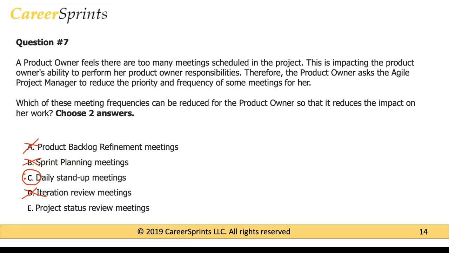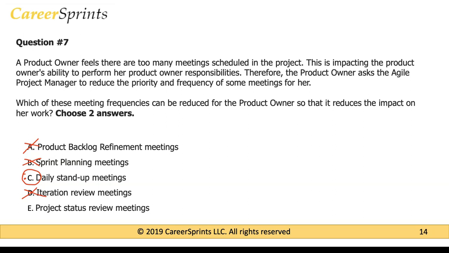Even if the product owner does attend the daily stand-up meeting, the product owner could just be there as an observer, and may not necessarily even talk or contribute in a significant way, because this meeting is primarily being done by the team. So busy product owners can sometimes skip daily stand-up meetings, but it should not become a norm, because that's also not right for the project.